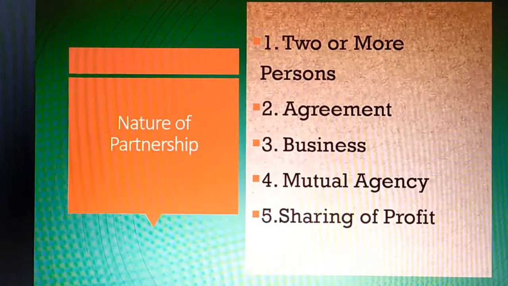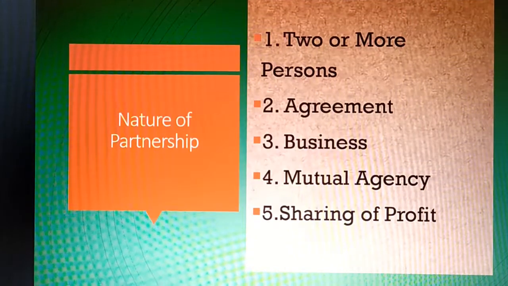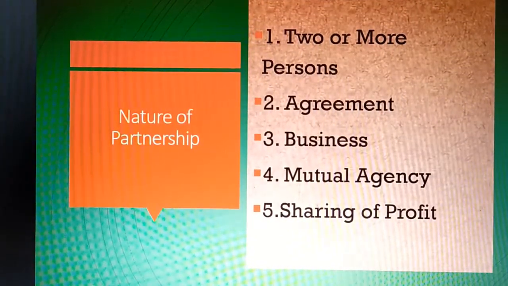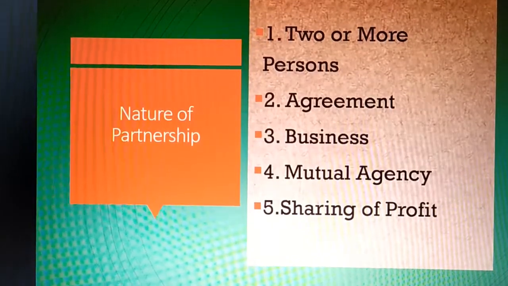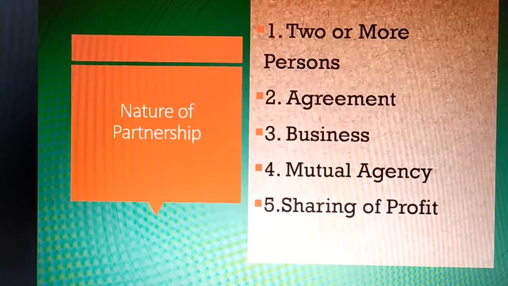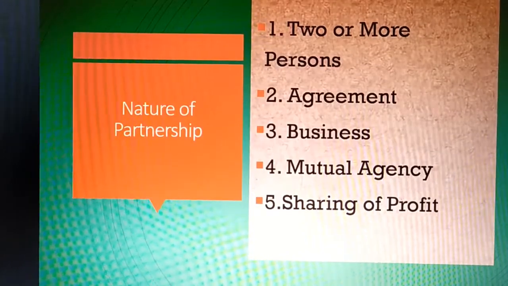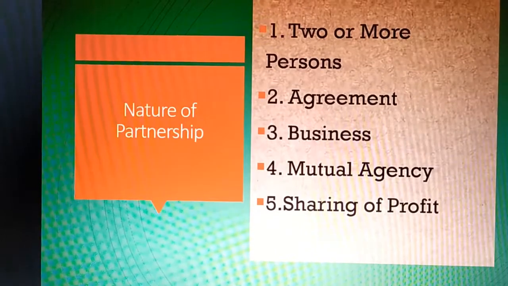It can be more than two persons also, but there's a restriction on the maximum number of partners. As per the Indian Companies Act, a partnership can have a maximum of 50 persons. The maximum limit set by Companies Act 2013 is 50. So it should be between 2 and 50.